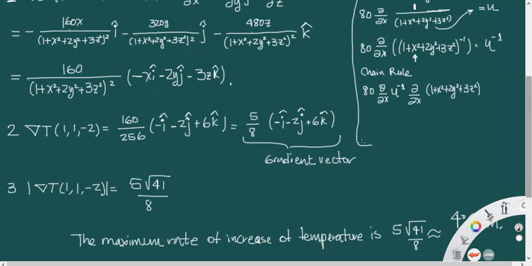So now the first part is equal to, let's see, the partial derivative with respect to x of u^-1, which is equal to -1 divided by u squared.